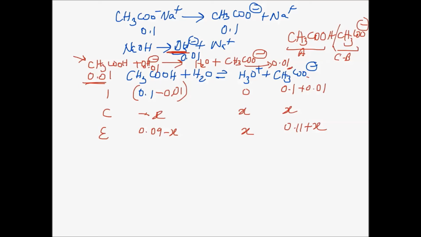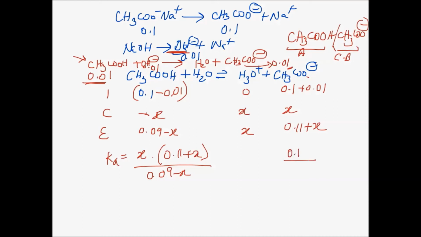Now if you use these numbers to plug in for your Ka, it will look like hydronium, which is X, times acetate, which is 0.11 plus X, divided by 0.09 minus X. Again, you ask yourself if you can use the approximation or not. The concentration of acetic acid is 0.1.